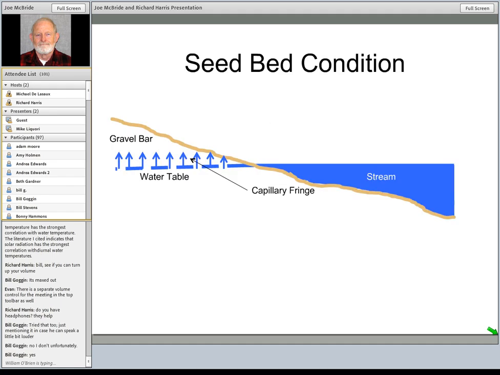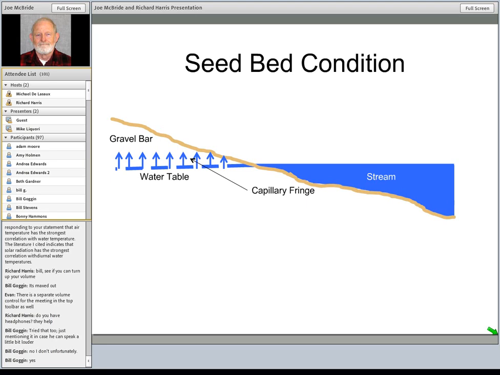In addition to that variation, there was a variation in seedbed condition along these streams. The water table that moves from the stream into the gravel bar, into the adjacent soil, has above it a capillary fringe where water is moved up a few centimeters to maybe as much as 10 centimeters, depending on pore space, above the water table itself.